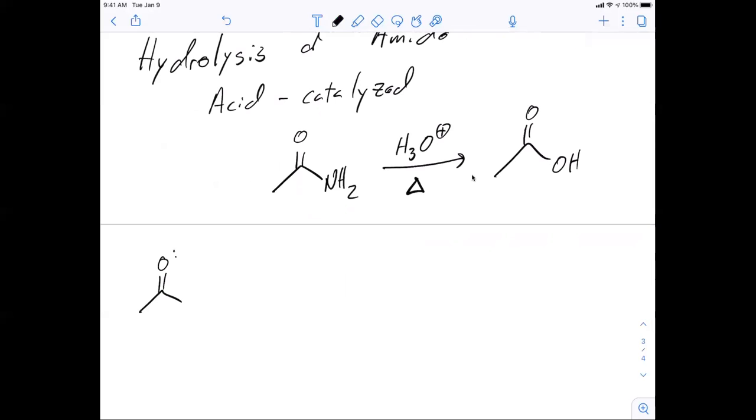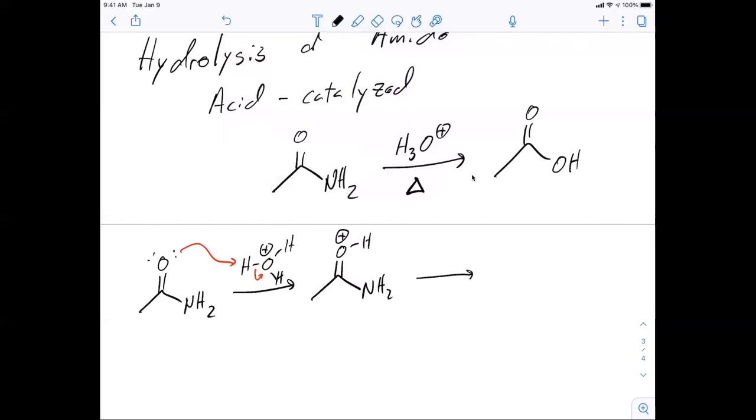So if we look at the mechanism on this one, first thing we're going to do is a proton transfer. And then once we've activated that, we can get a nucleophilic attack, right? So we've activated our carbonyl.